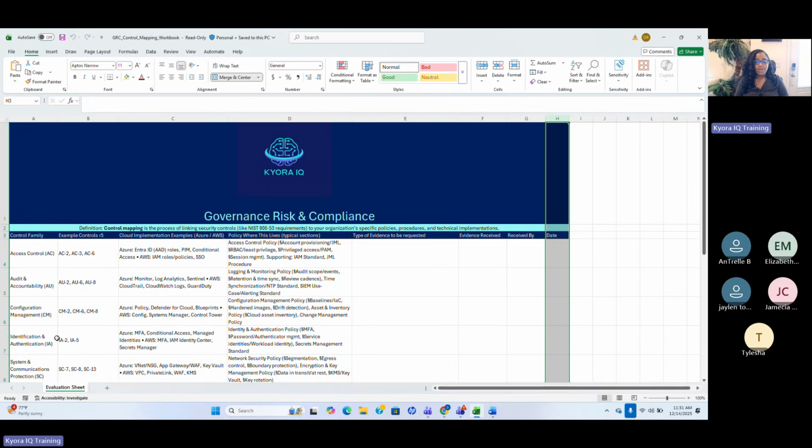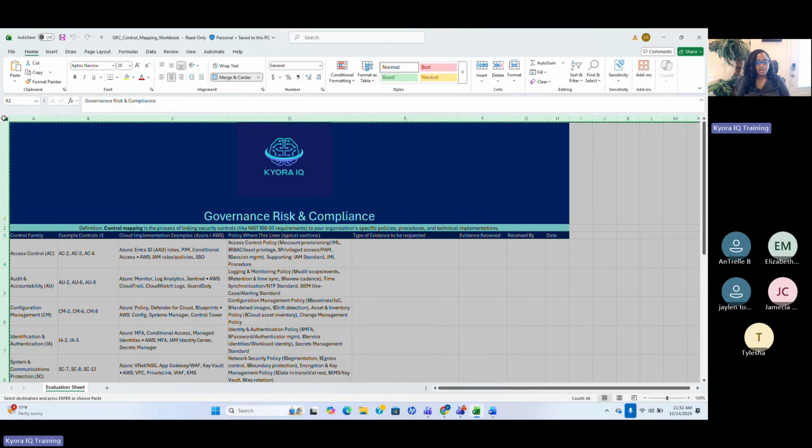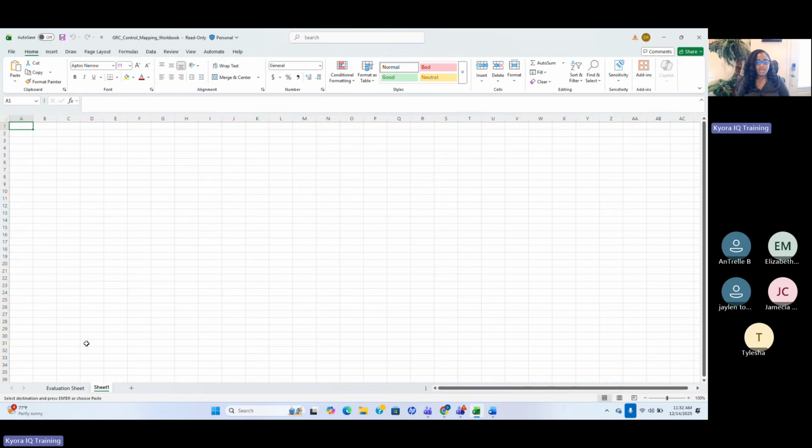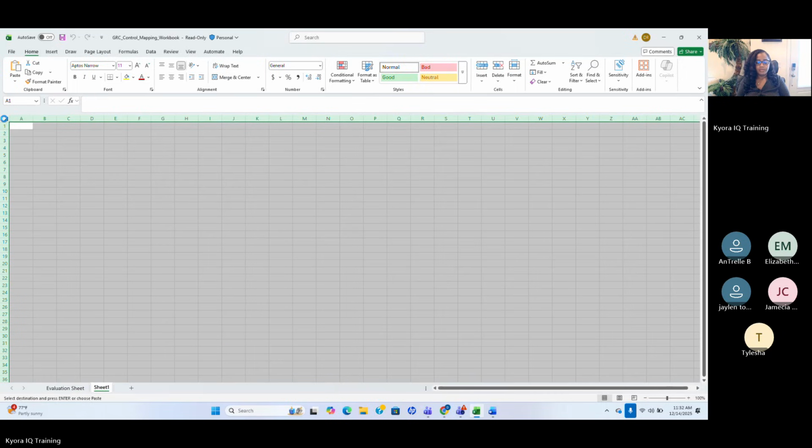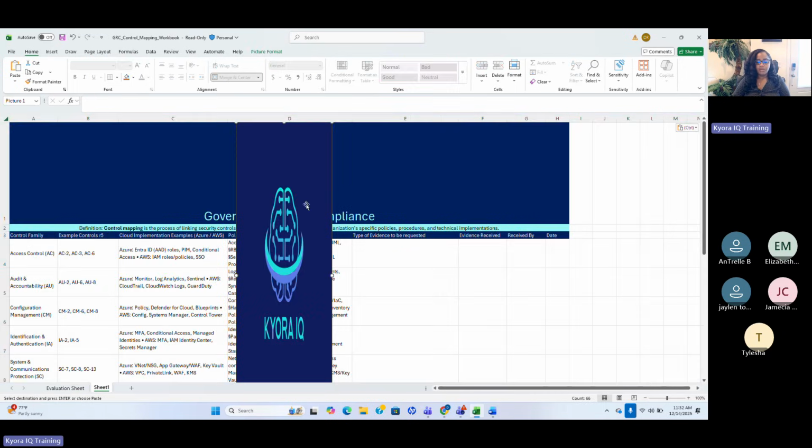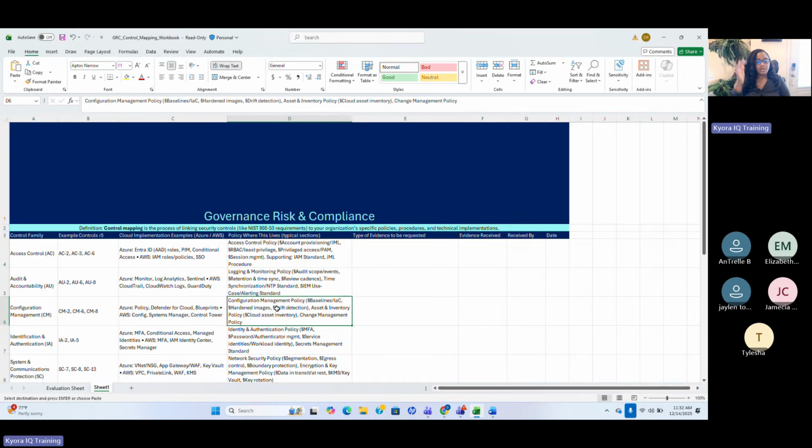So I would like for you guys to keep the first sheet, the evaluation sheet, as clean as possible. So what I would recommend is copying, adding a new tab, and then pasting. You can get rid of this picture at this point. Right. So once you add a new tab, this is where you can practice and create different workbooks, right?